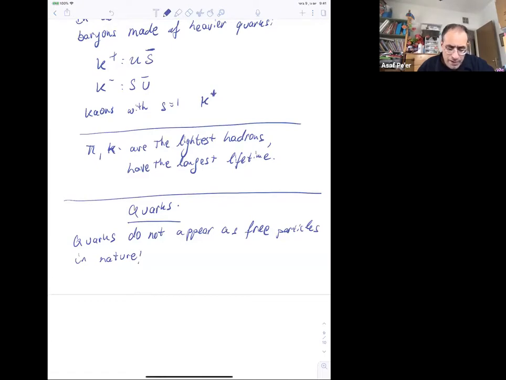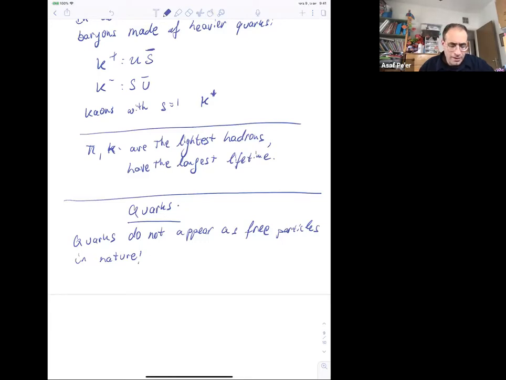And the reason is explained by the hypothesis of what's called color confinement, which, you know, they carry the strong force. The strong force is also known as the color force for some strange historical reasons. The hypothesis of color confinement states that colored objects are always confined to color singlet states.